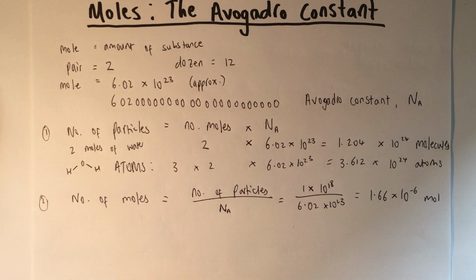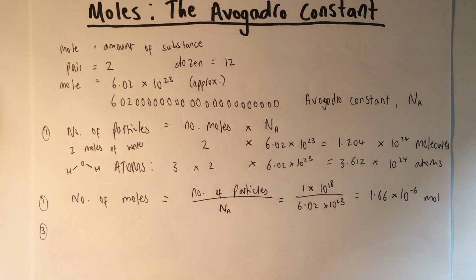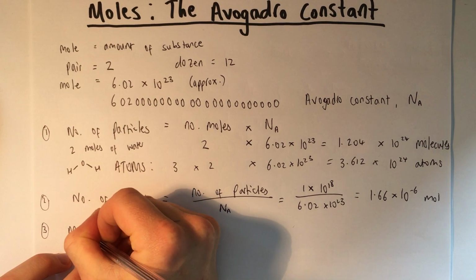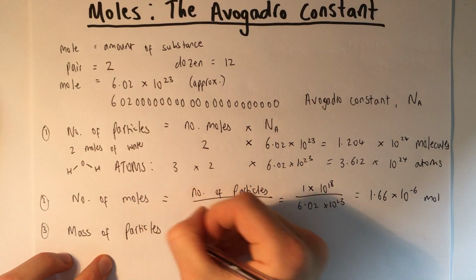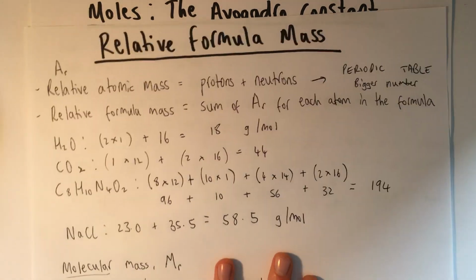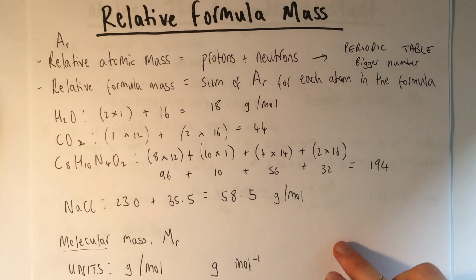One other thing I'll just quickly show you how to work out that uses the Avogadro constant is we can work out the mass of a single particle. And that's because the relative formula mass tells you the amount of grams that 1 mole of a substance would weigh. And I have made a video about relative formula mass, so if you've not already seen that and you're not sure about relative formula mass, then you're welcome to watch that.